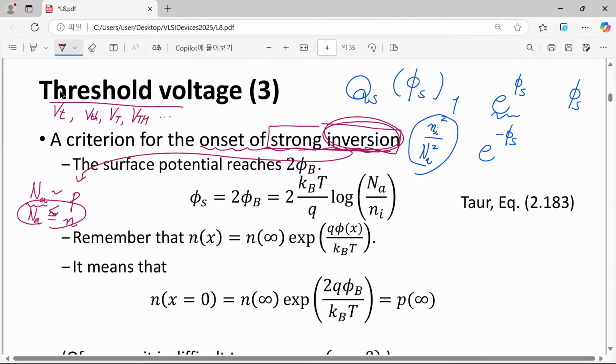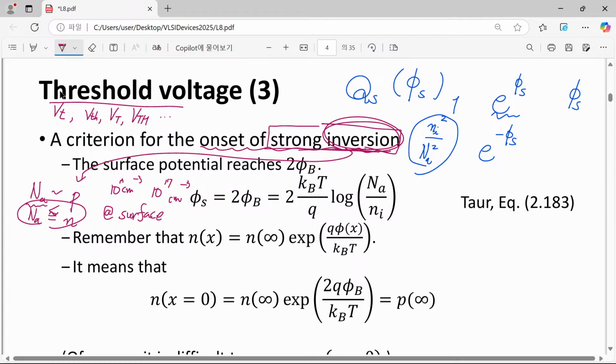This is at the surface. So once again, since this is a p-type substrate, I can see, for example, 10 to the 17 per cubic centimeter hole density, but actually at the surface I can see 10 to the 17 per cubic centimeter electron density.